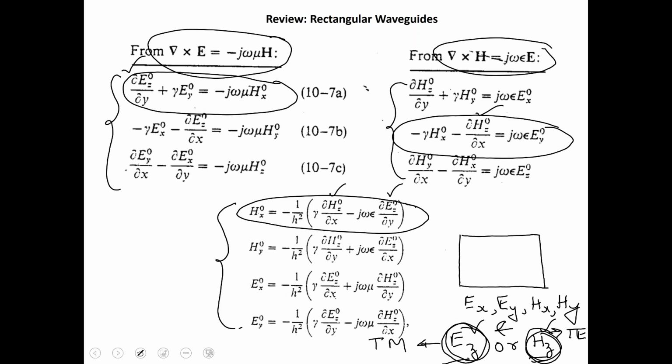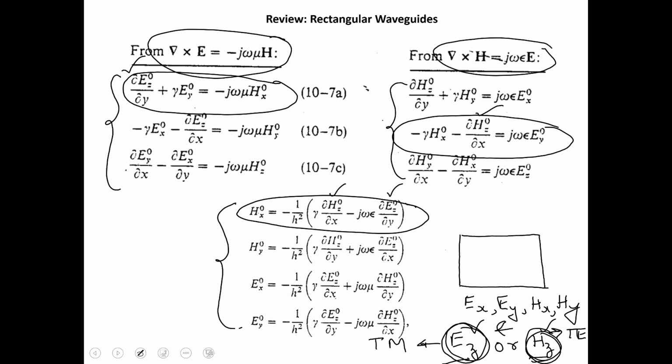That is what I can guarantee. I can't guarantee what values H can take. Whatever value H takes at the boundary is going to be supported by a surface current which would be generated on the conductor.